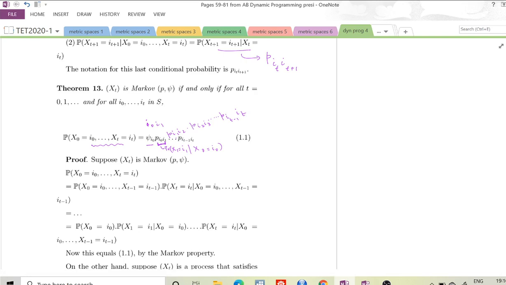Here is a proof. So first, suppose x_t is indeed a Markov (P, psi) chain, and we want to establish that this probability is exactly this product of numbers. Okay.